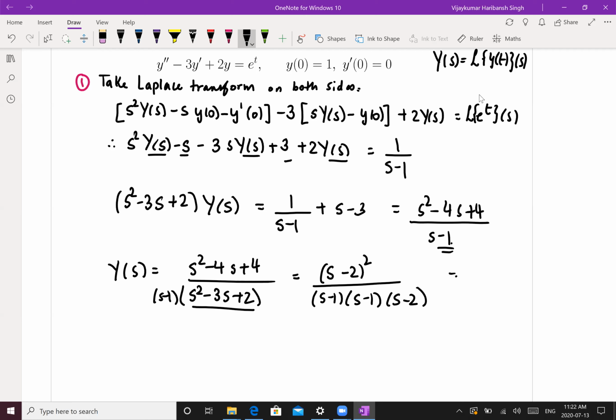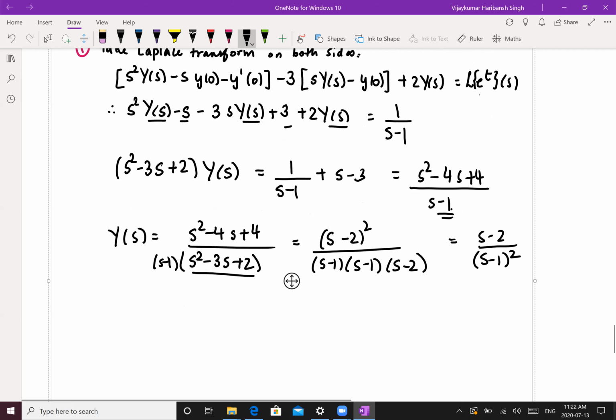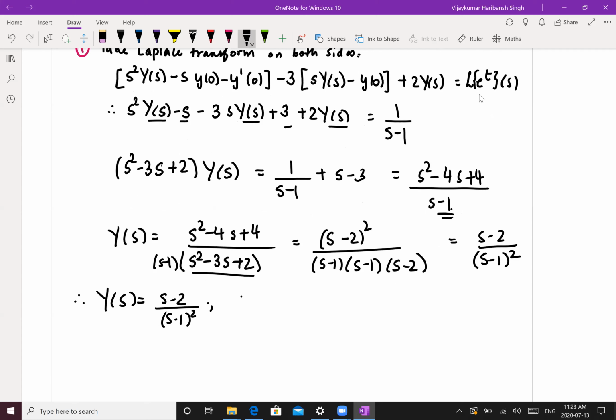So this is going to be s minus 2 divided by (s minus 1) squared. So y(s) equals (s minus 2) upon (s minus 1) squared. We need to find the L inverse of y(s).